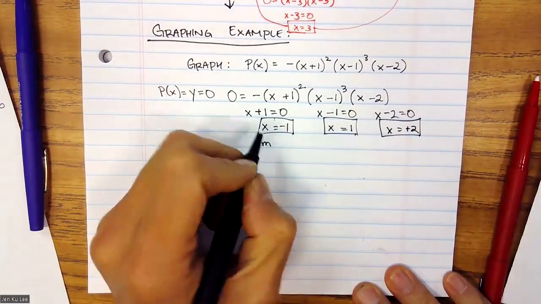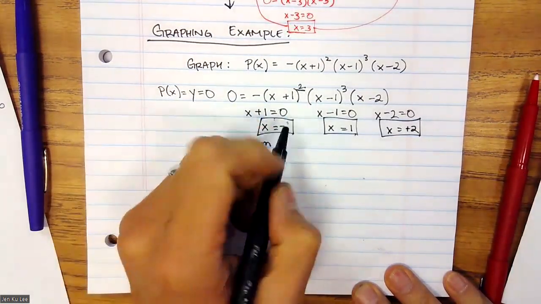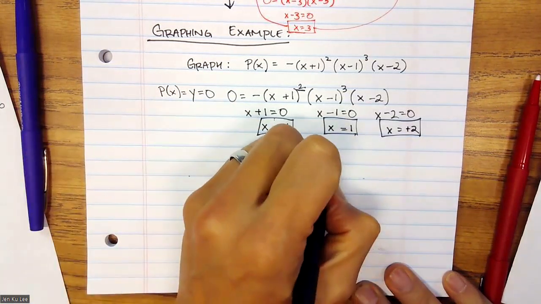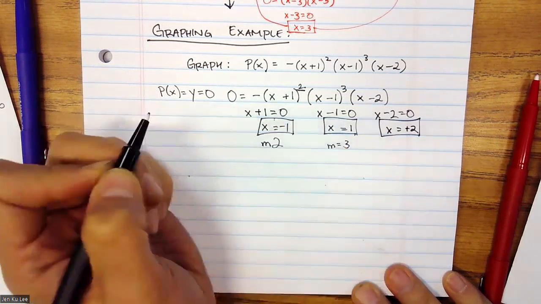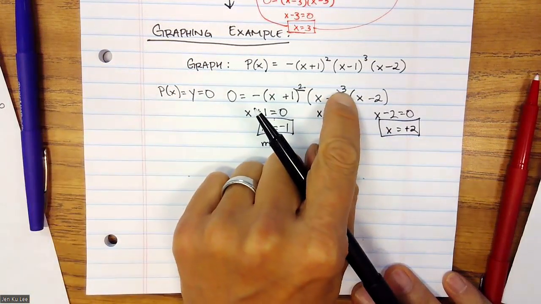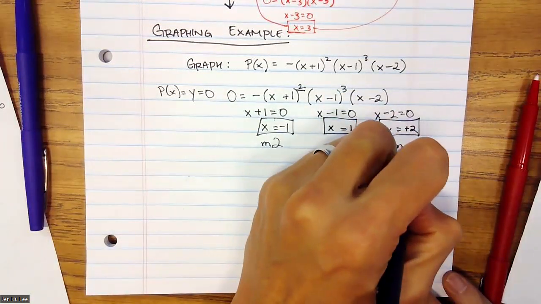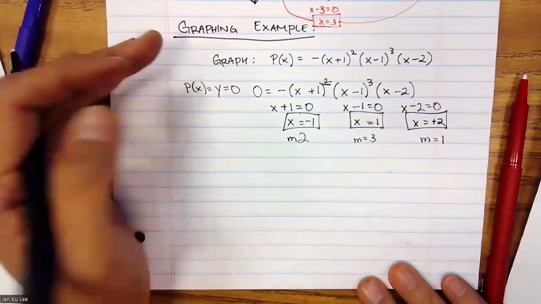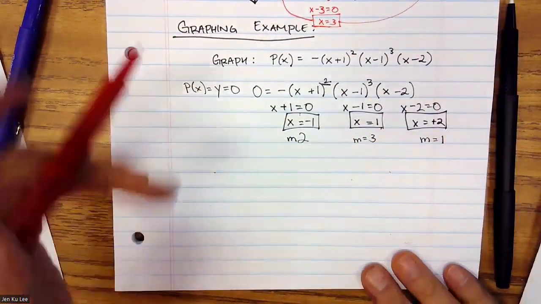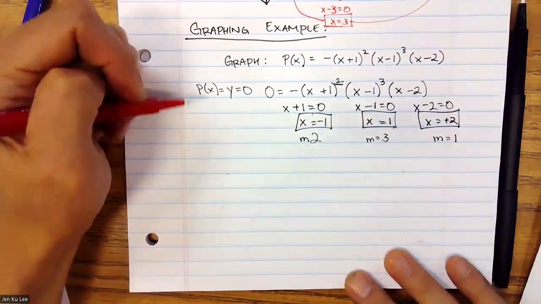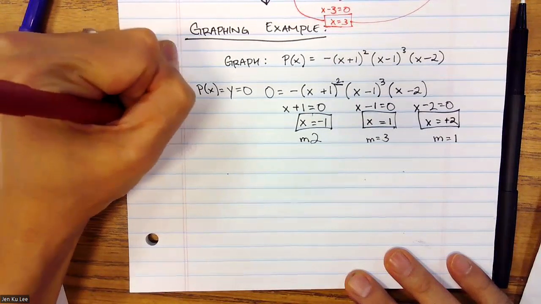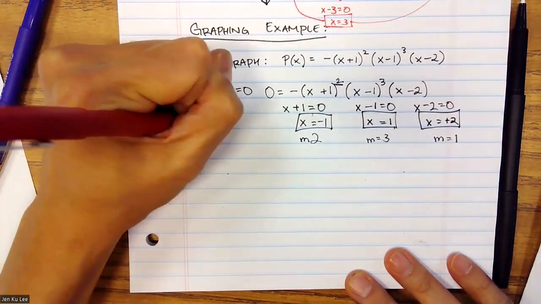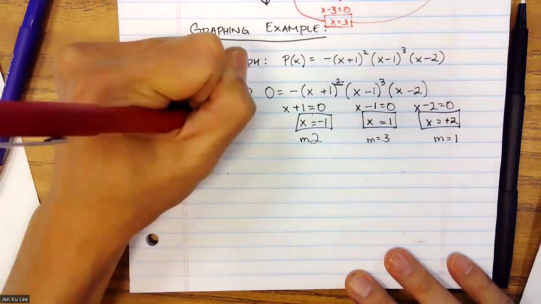Multiplicity here is 2 because there are 2 of them, and I just put M2. Multiplicity here is 3 because there are 3 of them. And the multiplicity here is 1 because there's just 1 of them. Okay? Backtracking to my y-intercept, I'm going to make x equal to 0. So p of x equals, I'm going to just plug in 0 into my function.